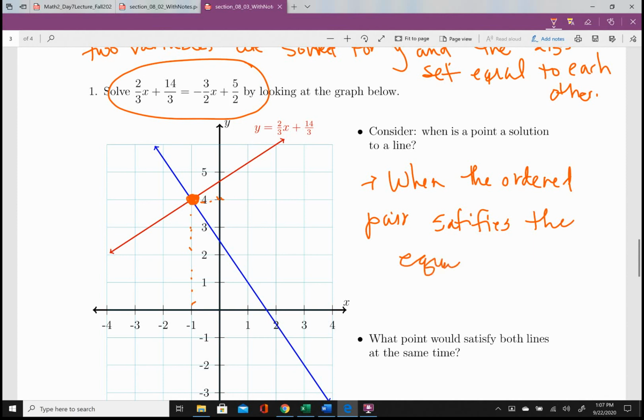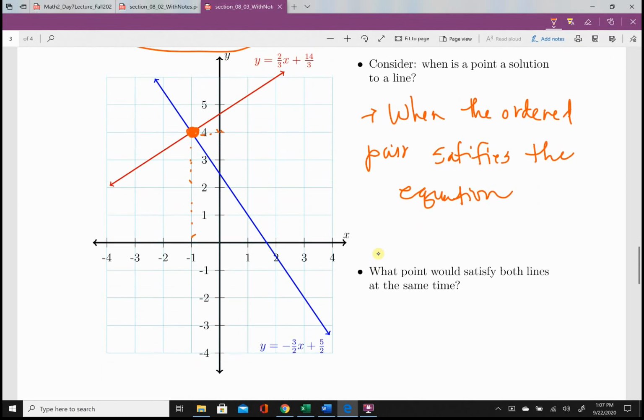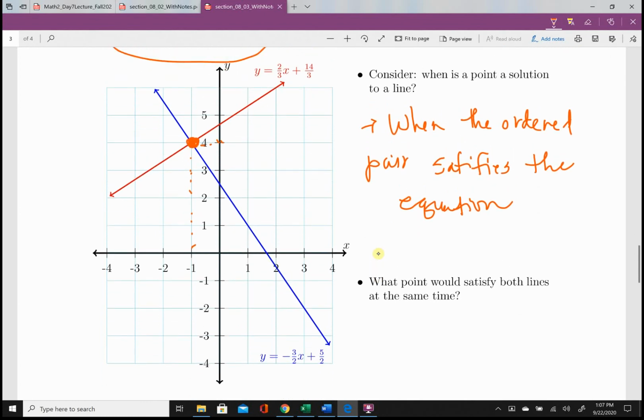That's all I really want you to put here. Furthermore, what point would satisfy both lines at the same time? It's going to be the intersection point, which we have here, which is at -1, 4. That's the ordered pair that represents this intersection point. And so that's what I want you to report for the second bulleted point right here.